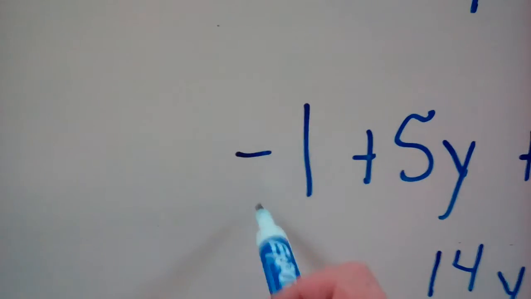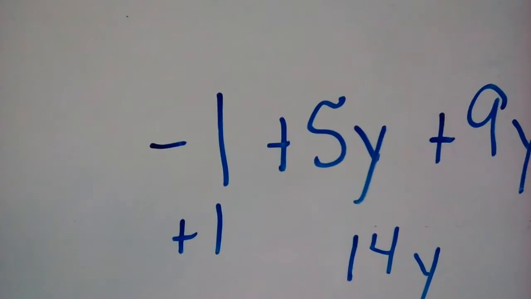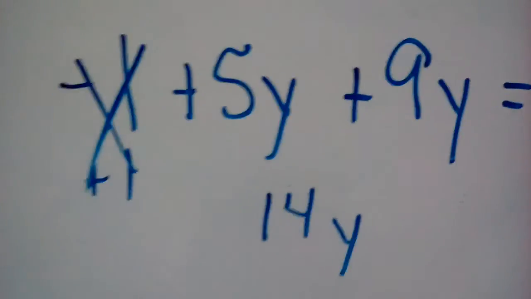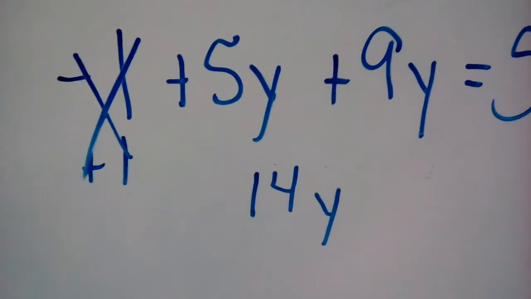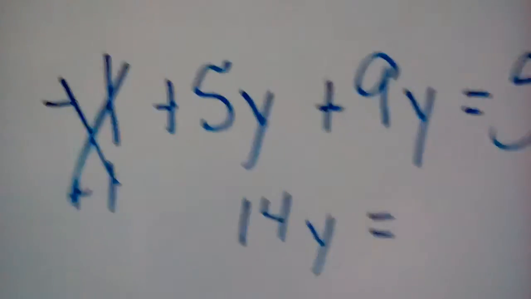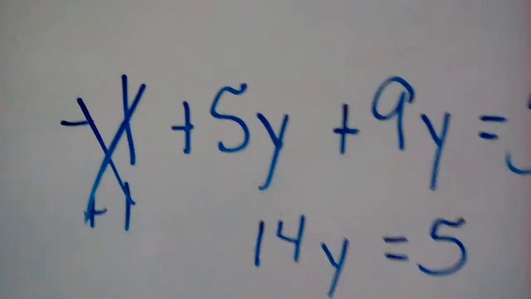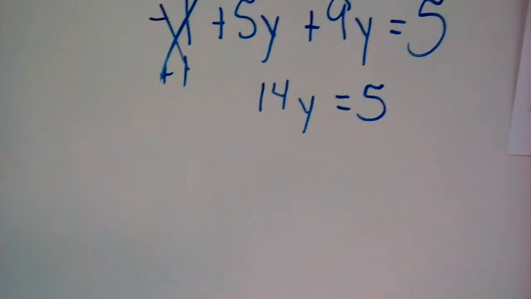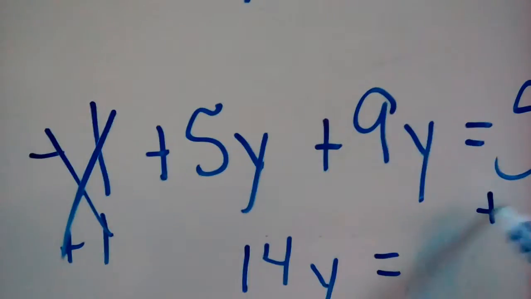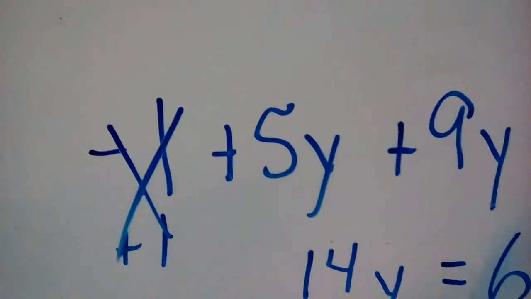And then if I get rid of this, I have to add that. Oh, you know what? I think I might have to backtrack a little bit. Plus 1. Forgot to do my other side. Is equal to 6.